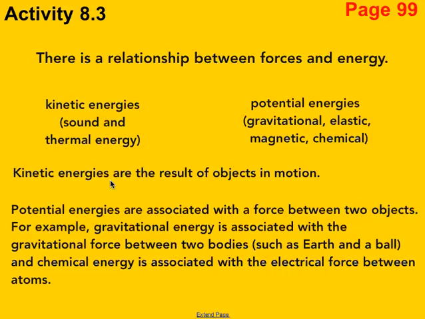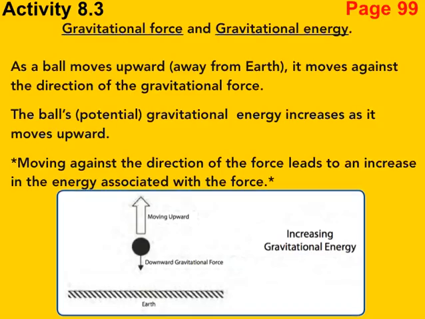For example, gravitational energy is associated with the gravitational force between two bodies, such as the Earth and a ball. So there is a connection between energy and forces. So again, gravitational energy is caused by the force of the Earth pulling down on that apple. And think about chemical energy, which is associated with the electrical force between atoms. So there is a connection between forces and energy.